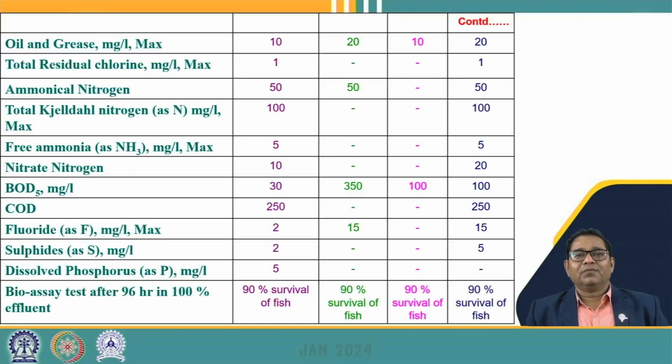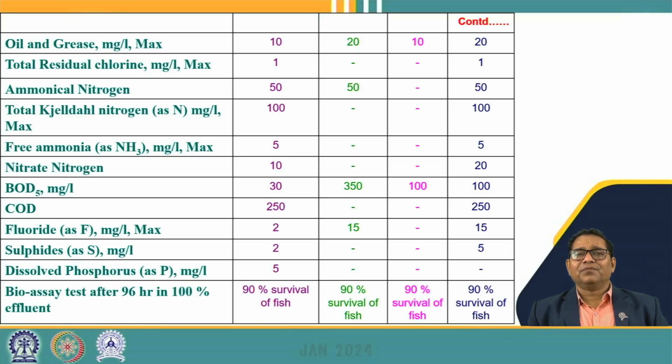Then we have oil and grease, total residual chlorine, ammoniacal nitrogen, total Kjeldahl nitrogen, free ammonia concentration, nitrate nitrogen, BOD, COD, fluoride, sulfide, dissolved phosphorus, and then finally the bioassay.